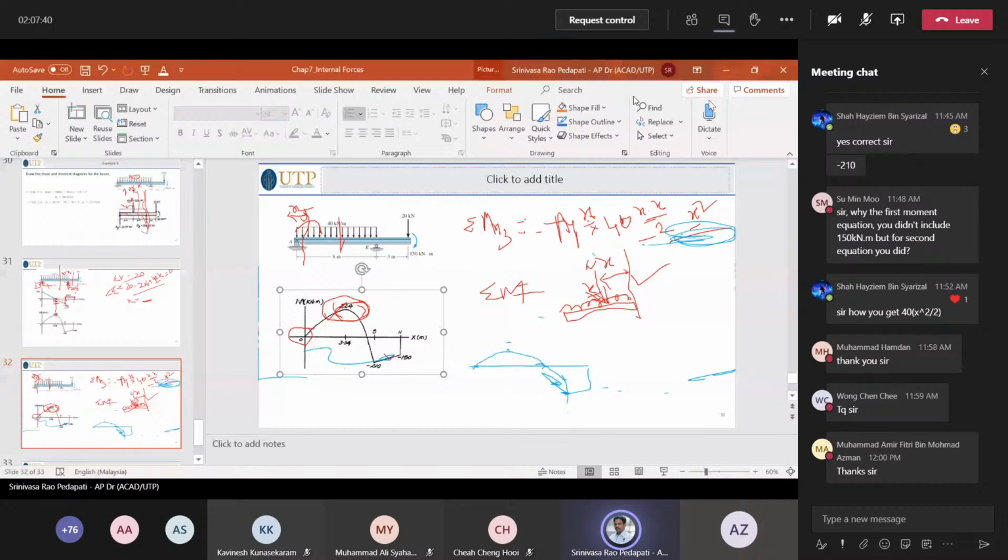Two questions will be from what I taught in the last 3-4 weeks, that is shear force and bending moment diagrams, as well as the previous chapter, trusses. So we have chapters 5, 6, 7 for exam 2, and also Dr. Norlin will add one more chapter, which she will tell you later. So 3 chapters from what I taught, that is chapter 5, 6, 7, for exam 2.